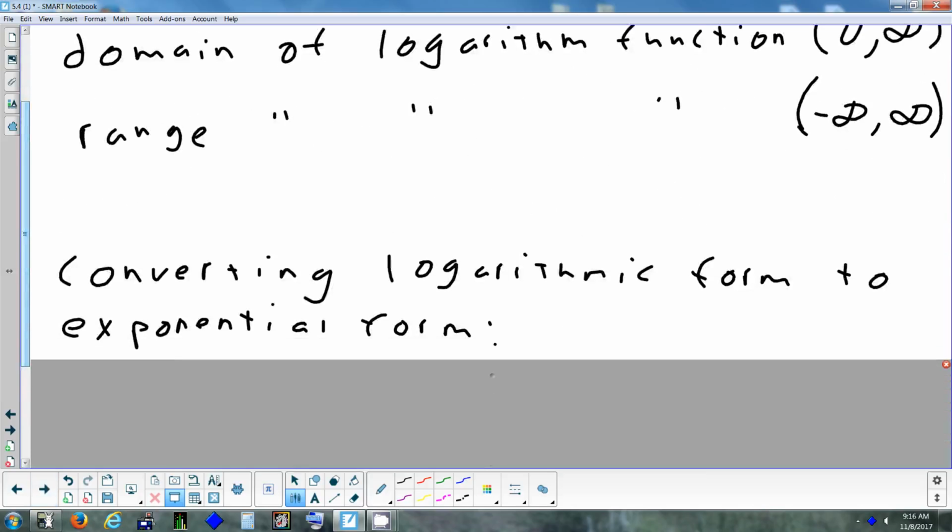All right, so when you have a log problem, there's generally two ways you can write an equation. You can have an equation in what I call log form, or you can have the equation in exponential form. And a lot of times to solve, you have to change one to the other.